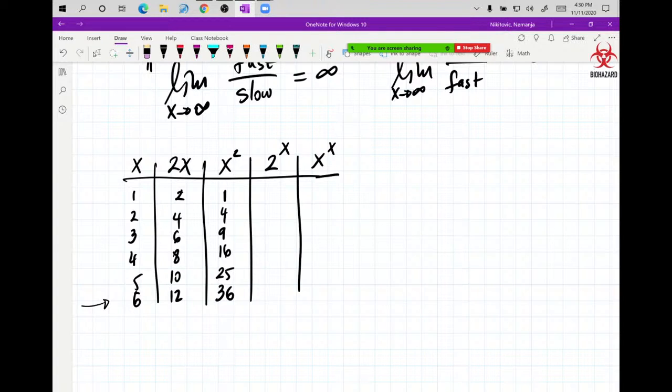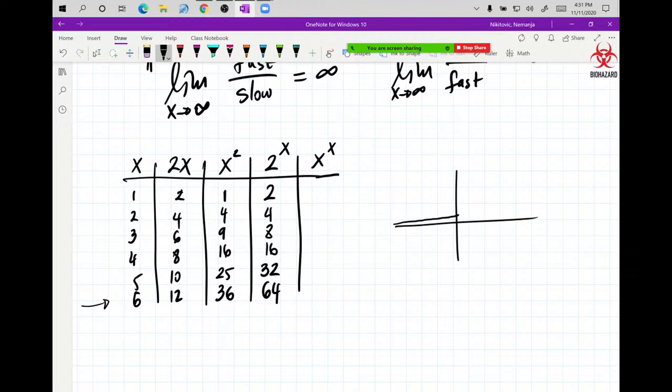Now we have heard of the exponential growth. 2 to the 1 is 2. 2 squared is 4, catching up. 2 cubed is 8. It's like, hey, we're losing. 2 to the 4 is 16, catching up. But then, boom, 32, 64, 128. Once the exponential function catches up, it just explodes. Remember what the graph for the exponential function looks like.